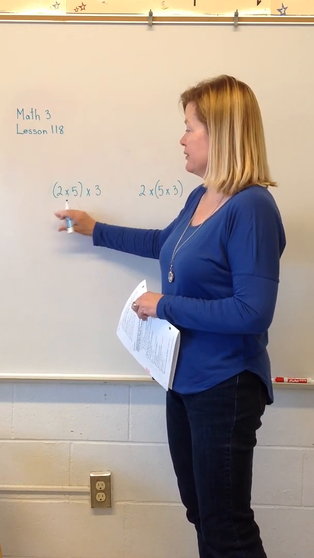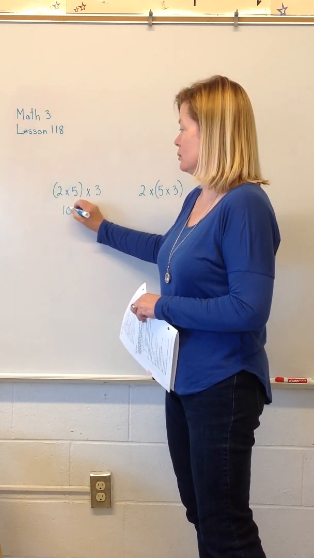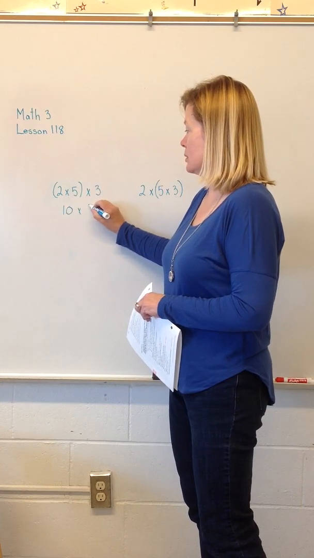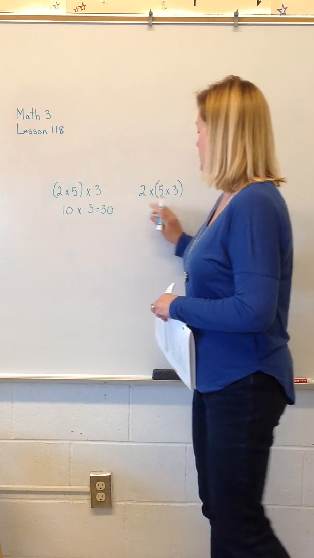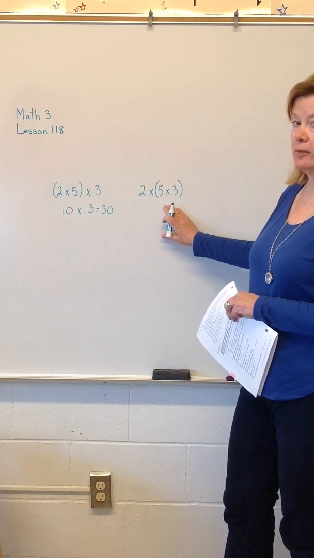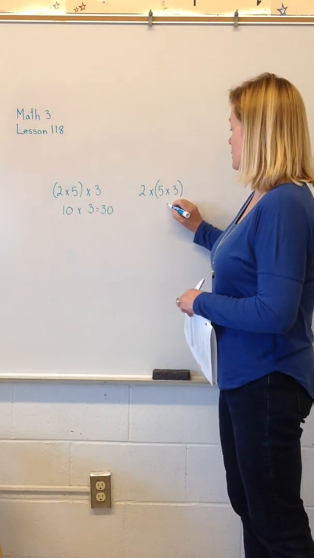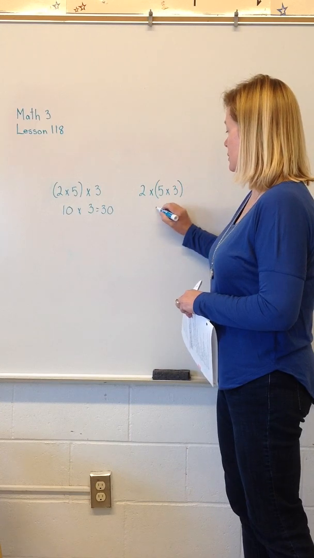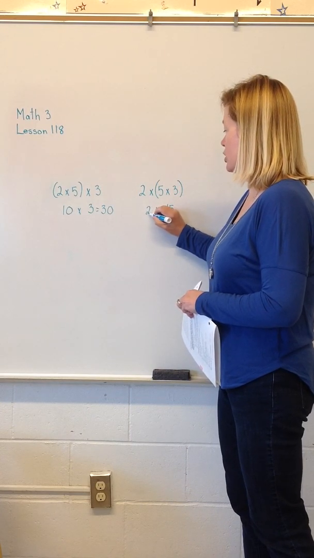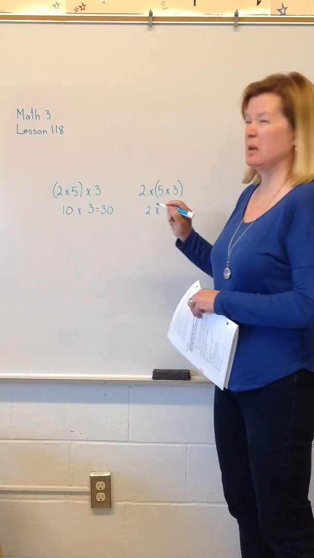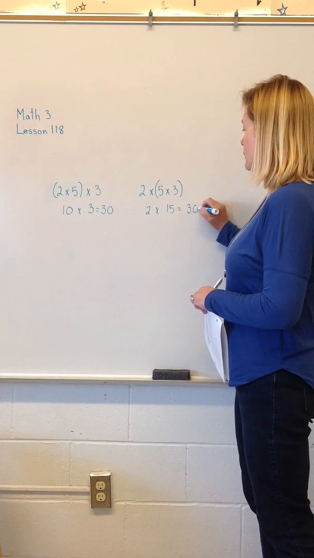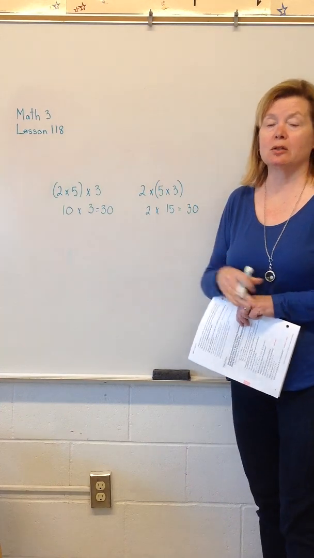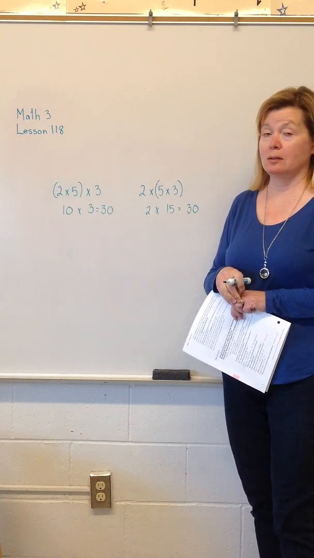It's 2 times 5, 10 times 3 equals 30. Okay, next side, 5 times 3, 15. What's 15 times 2? Think about 15 as doubles in this case. 30. Has the same answer. Do you know why?